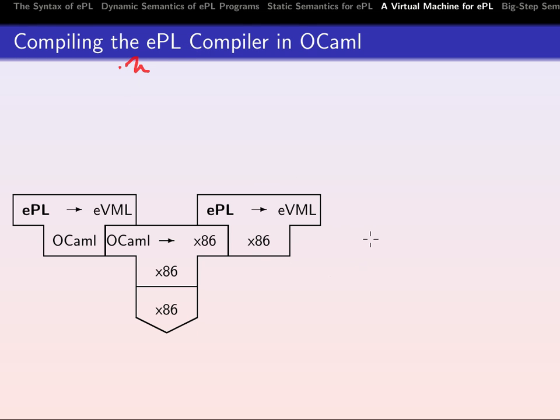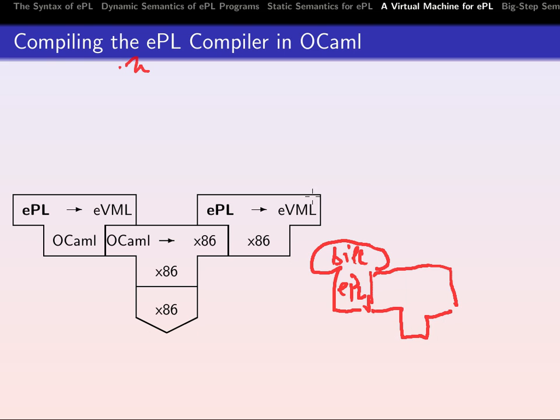Okay, so this bubble thingy, and this is EPL, and then I would have this box, and I'm just going to say that this goes here. And what do I get here? I get EPL, and what do I write here? EVML, very good.